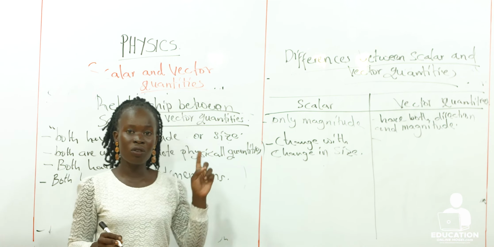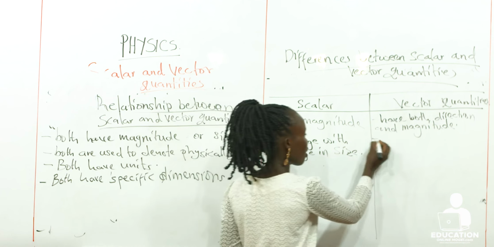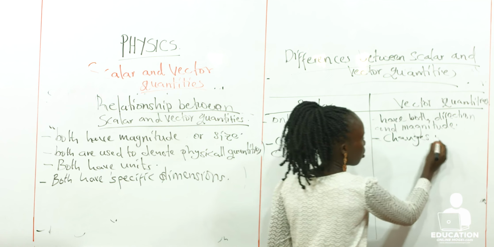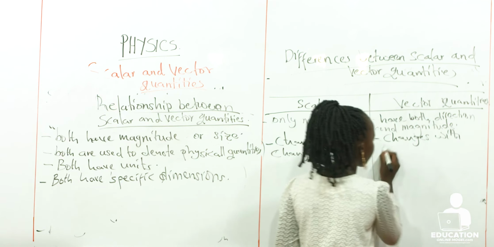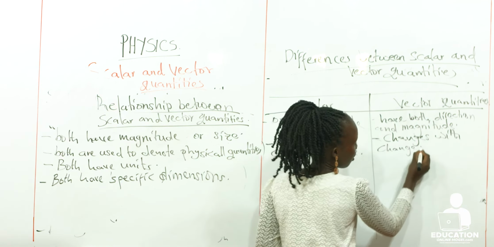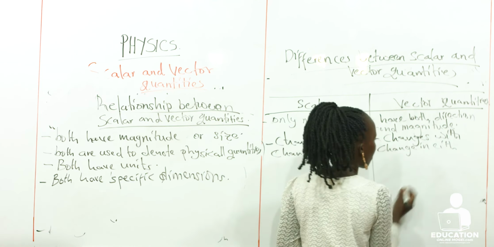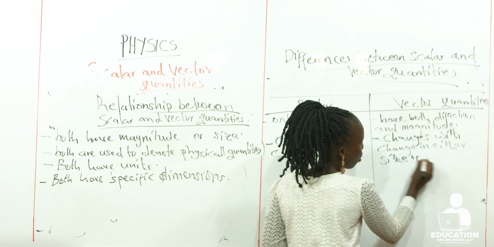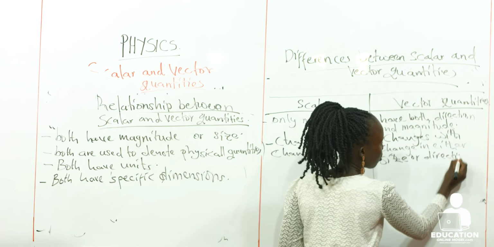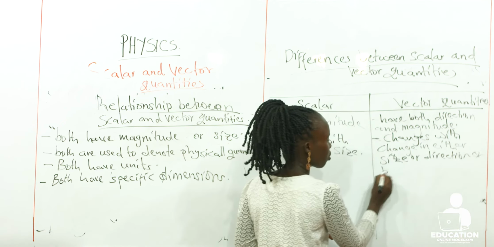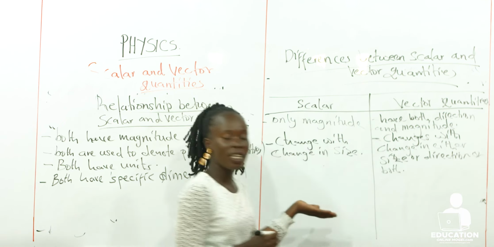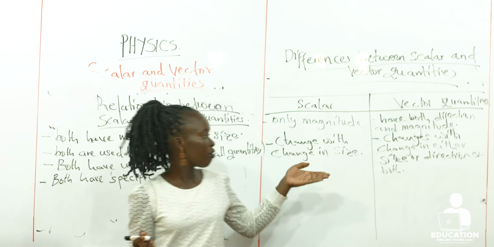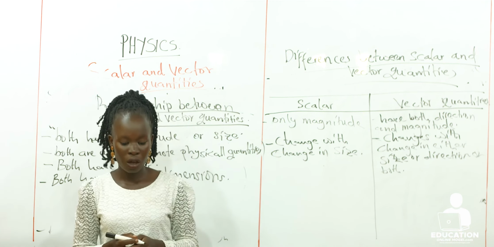All of that can also give the change to that measurement there. So this one changes with change in either direction, size or direction, or even both. So they can change at the same time, or one can be the one changing, giving rise to the change in that quantity.